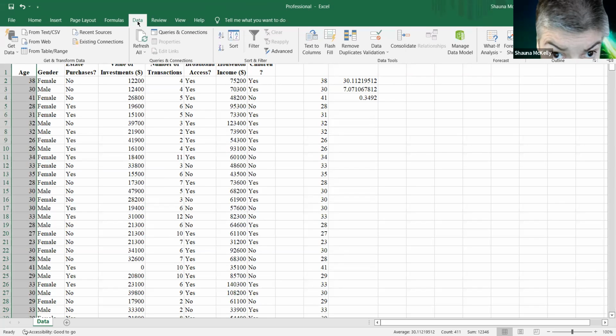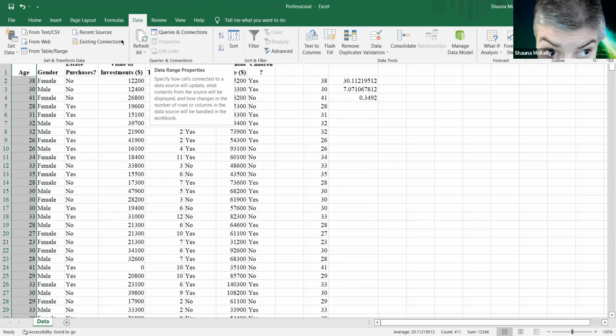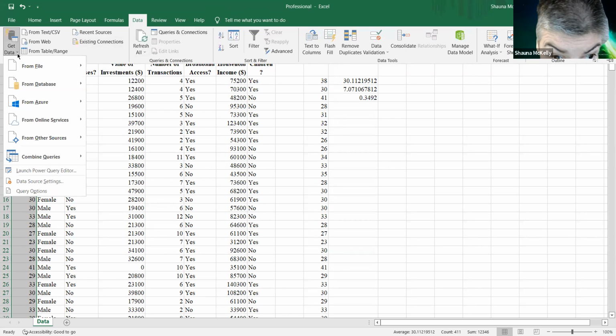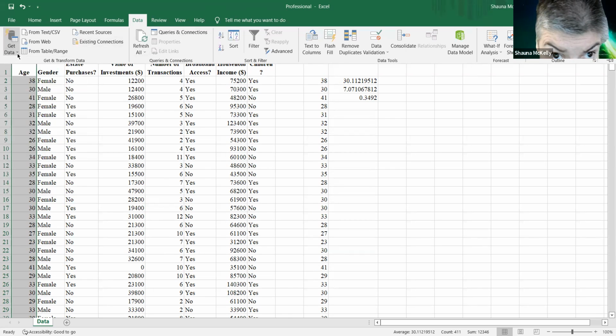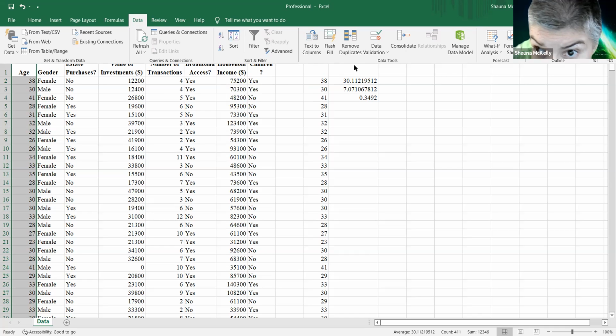Get data, queries and connections, edit links, recent sources from the web. No, not that. Sort, filter, text, remove duplicates, data validation.